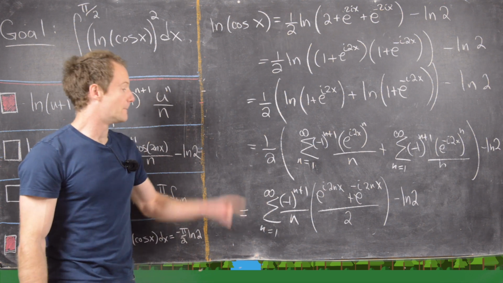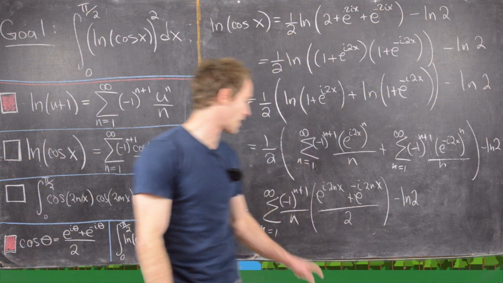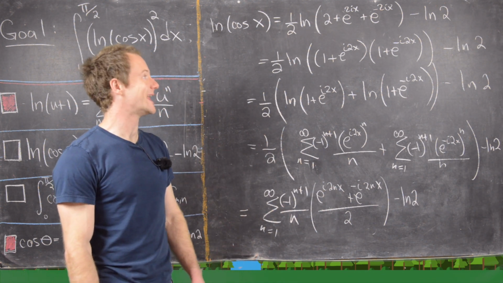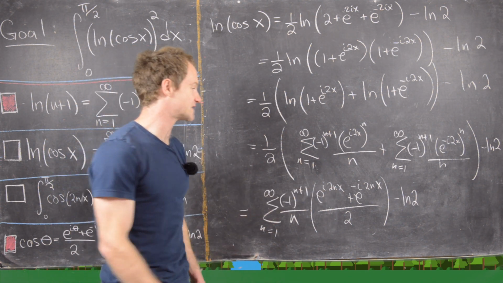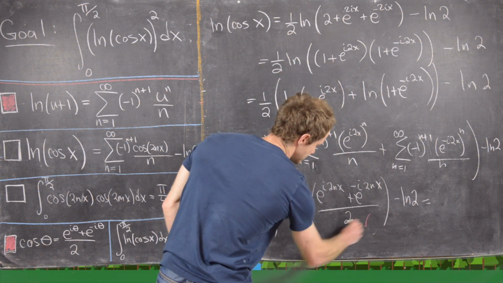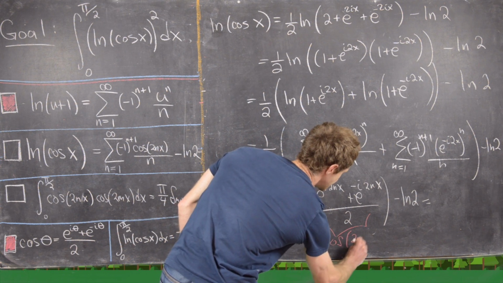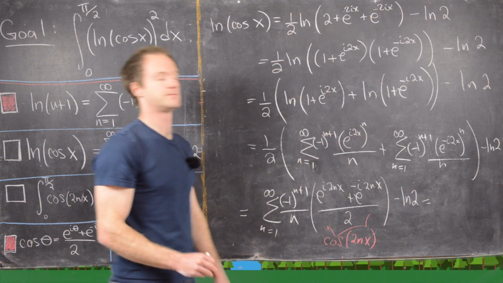Okay, great. But now again, using this formula down here where theta is equal to 2nx, we see that everything in this sum right here is equal to cosine of 2nx.